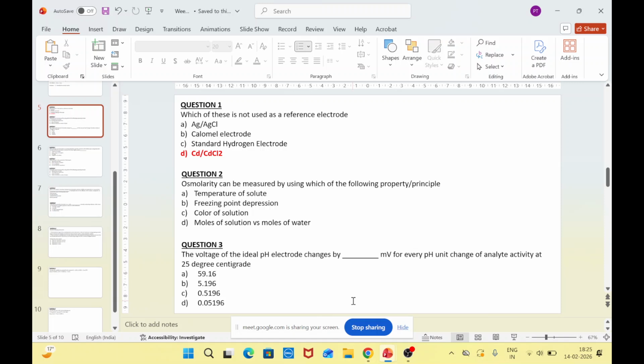First of all, what is the meaning of osmolarity? The definition for osmolarity.